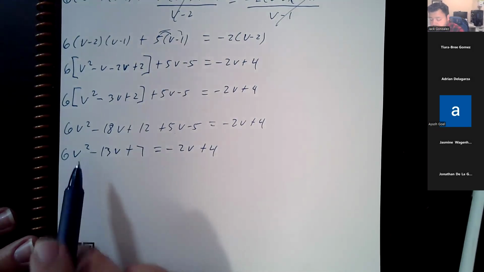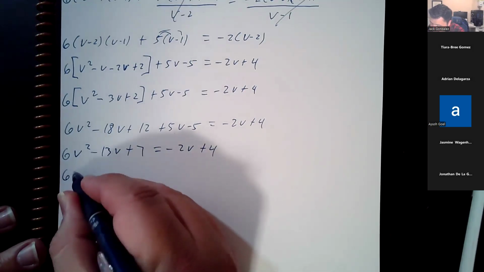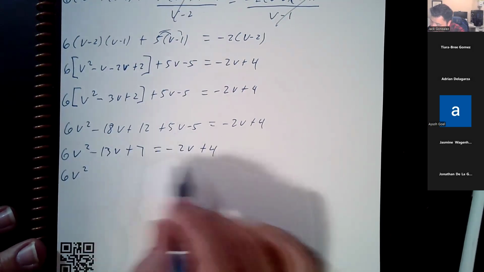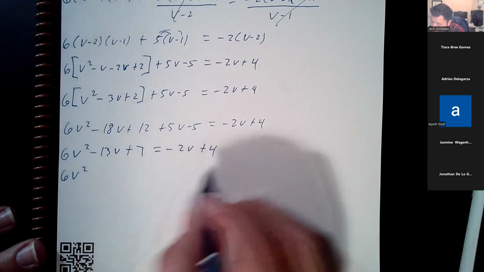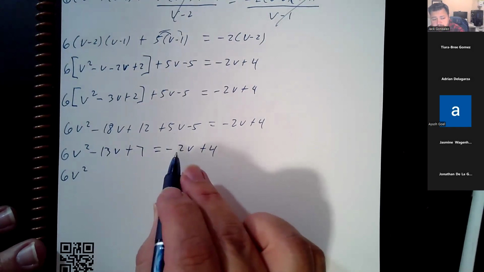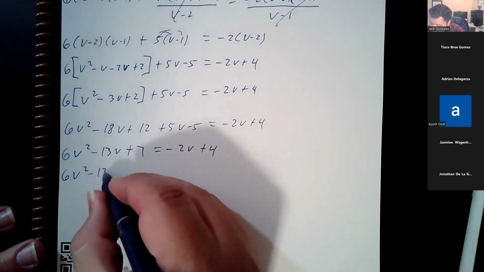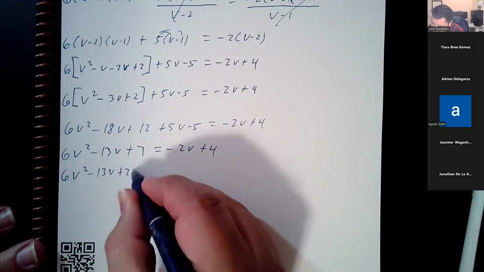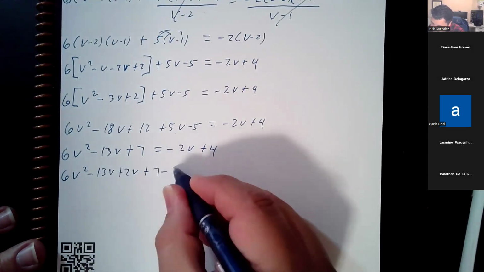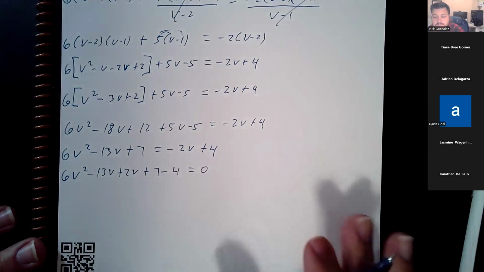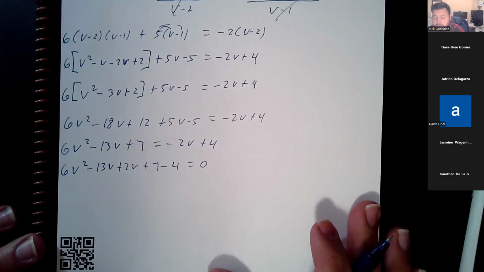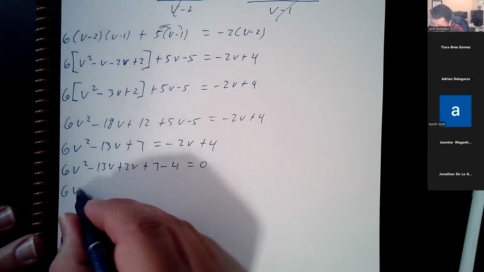In other words, set it to 0. So I'm going to move the 2v over and the negative 4 over here. So subtract 4, add 2v. So now we get to here.